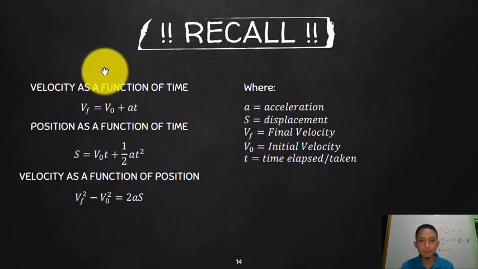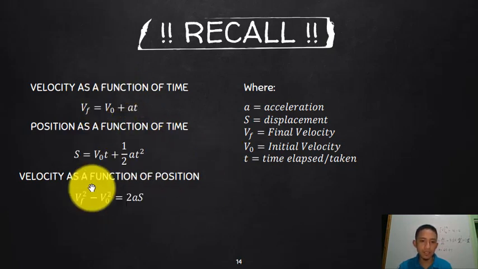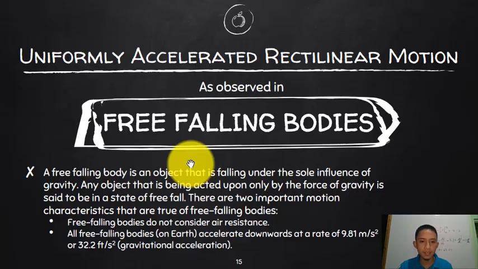So we will be using this as is. You will not be cancelling the a since there is an acceleration already, and that is constant, since the acceleration is uniform. So this is what we derived a while ago, the 3 equations of rectilinear motion.